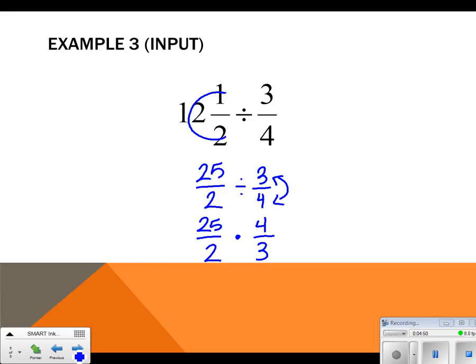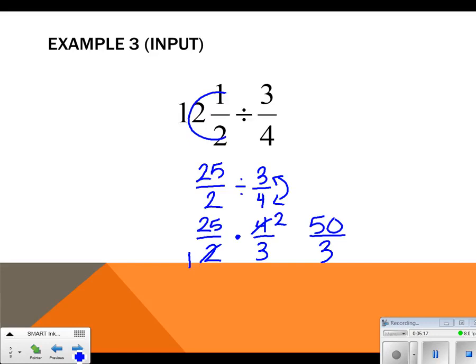So now we're on to step 3, reduce if necessary. 4 and 2 can both be divided by 2. 2 divided by 2, 4 divided by 2. Step 3 we did, so step 4 we're going to multiply the numerators. We have 25 times 2, which gives us 50. And we have 1 times 3. Definitely have an improper fraction here. 50 is not divisible by 3.